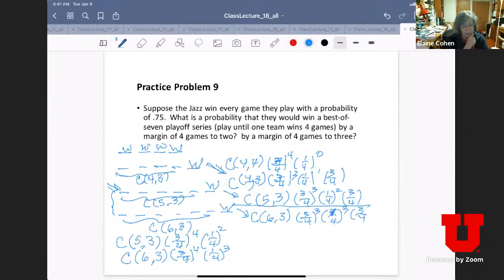What if we just ask the question, best of 7? That means they could win in 4, or they could win in 5, or they can win in 6, or they can win in 7. How would the problem change? What would we do then? We'd have to add. Remember, we just said or.